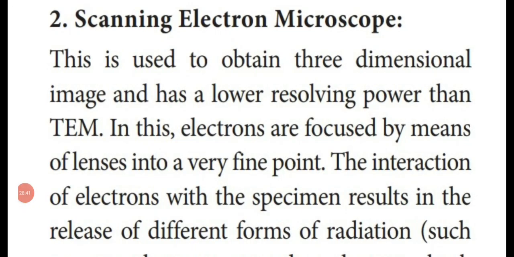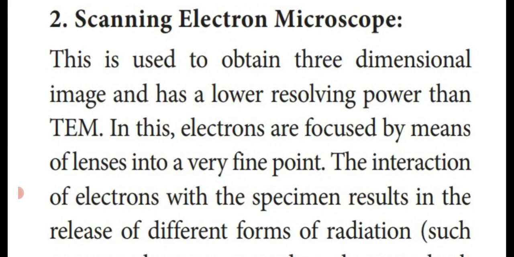Next one, the scanning electron microscope. With the help of this microscope, we are able to see the image in a three-dimensional view with a lower resolving power than the TEM. The first one shows high resolving power, but here they show lower resolving power. Here also, beams of electrons are focused by means of lenses to a very fine point.